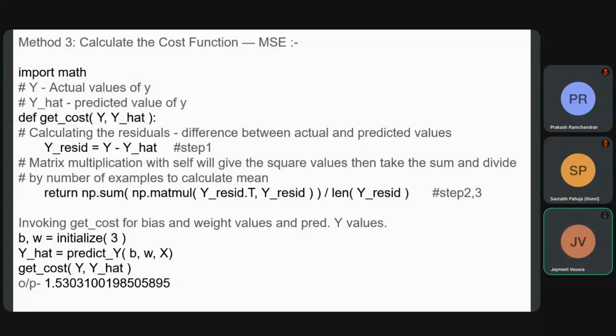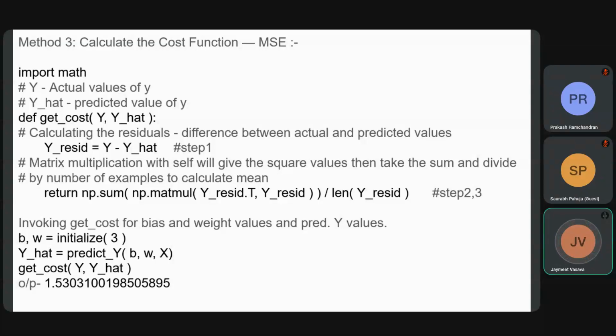So the matrix, you can see the comment after the y residual. The matrix multiplication with self will give the square values, then take the sum and divide by the number of examples to calculate the mean. So we calculate the mean and return it to the function called.